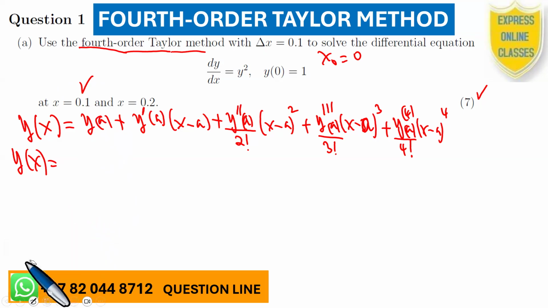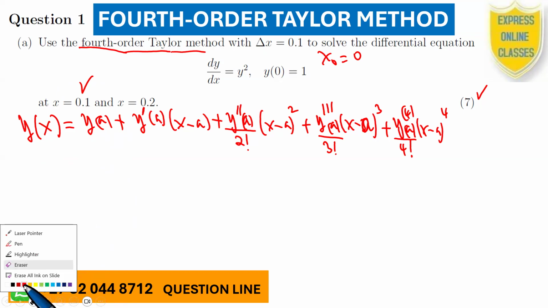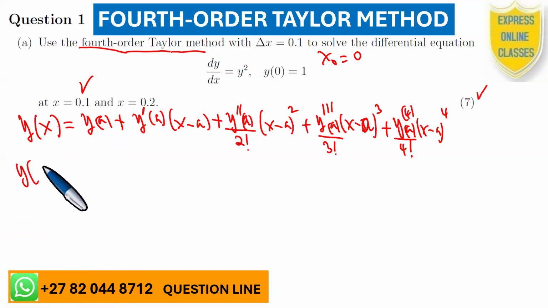So let us do these at 0.1. If you do it at 0.1, what will this be? Let's ponder on these and reason these together. If it is at 0.1, you are going to add the following.